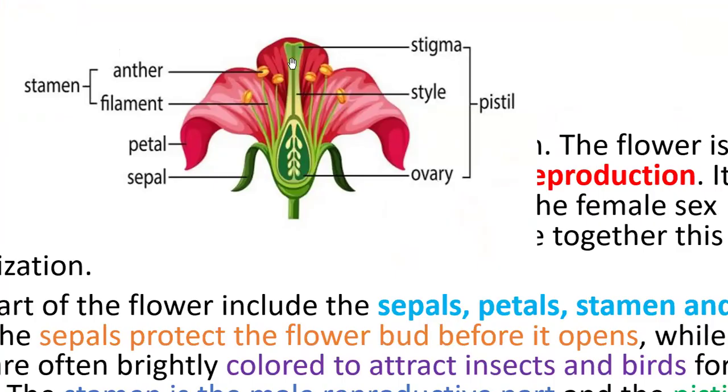All right, so that's the tube, right? Basically, when the pollen falls in, it has to journey towards the ovary to be able to get inside the ovules.